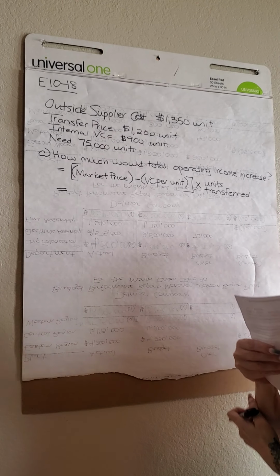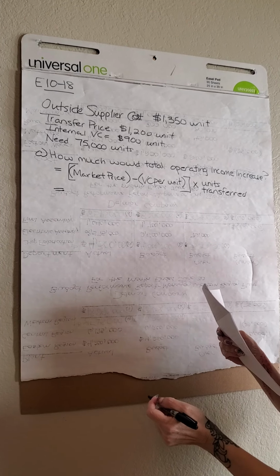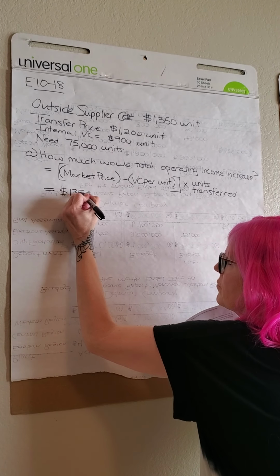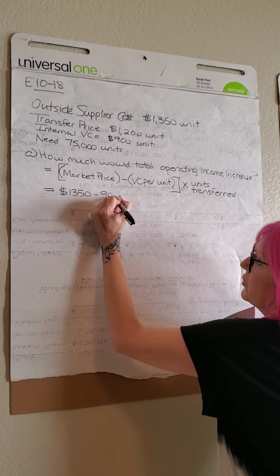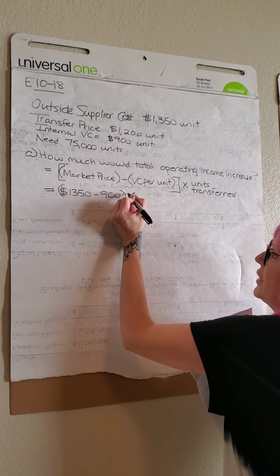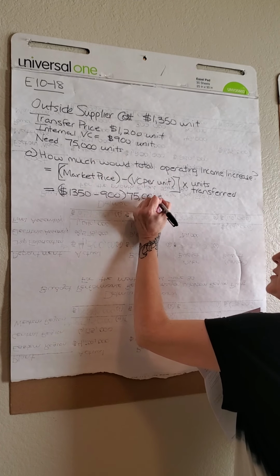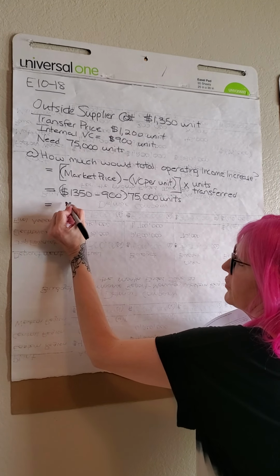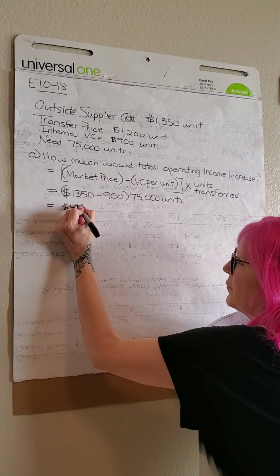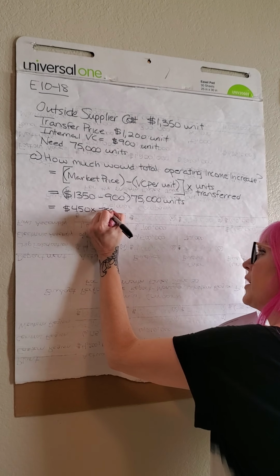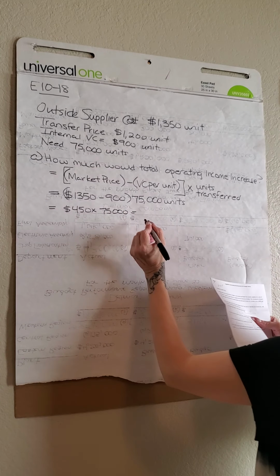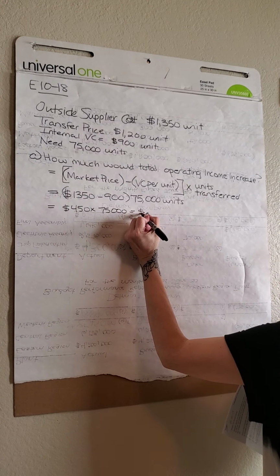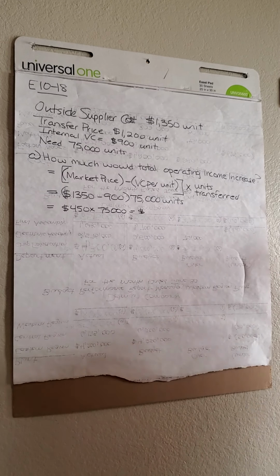So we know that our market price is $1,350, minus our variable cost per unit of 900, and it's going to be multiplied by 75,000 units. So then we're going to end up with 450 times 75,000 units, and that's going to equal a total of $33,750,000.